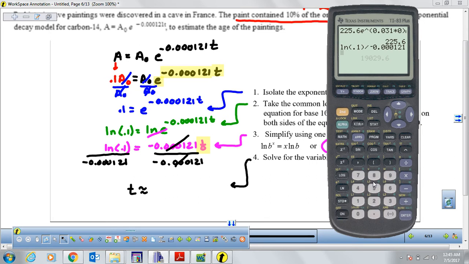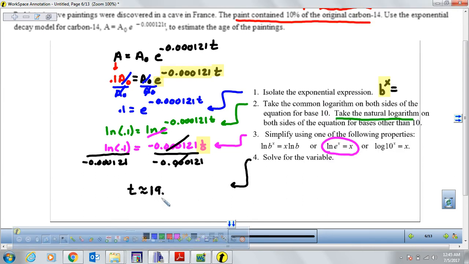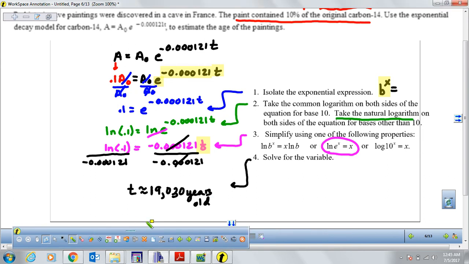They ask us for the age of the painting, so the age must be rounded to the nearest year. So we would say 19,029.6 will be 19,030 years. So we can say that this painting is approximately 19,030 years old. This will be the solution for this problem.